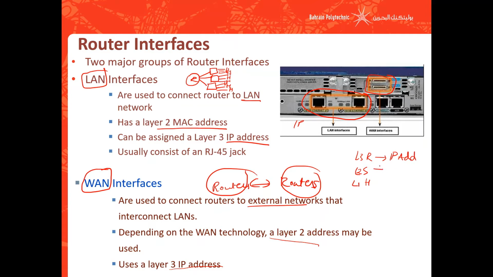If you remember from the last unit, switches use MAC, or they track MAC addresses, and hubs send nothing but signals. So when you're connecting WAN interfaces together, you're basically setting IP addresses. And that's basically what is mentioned here.